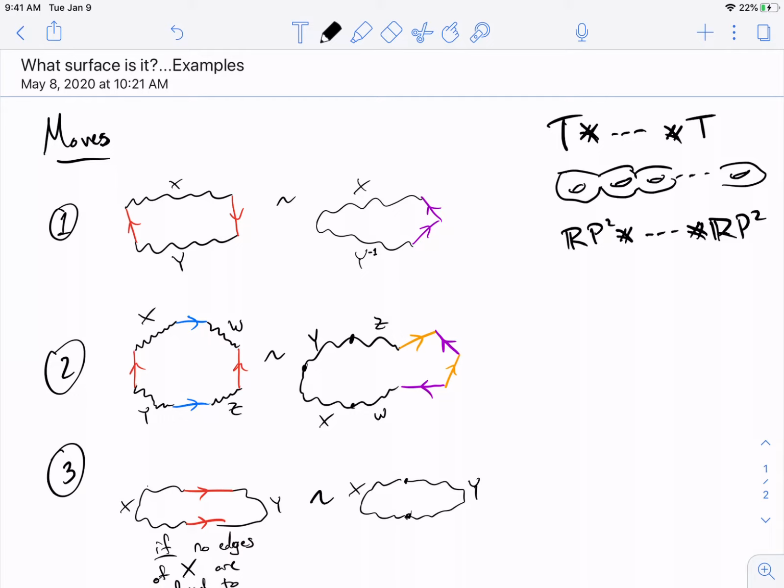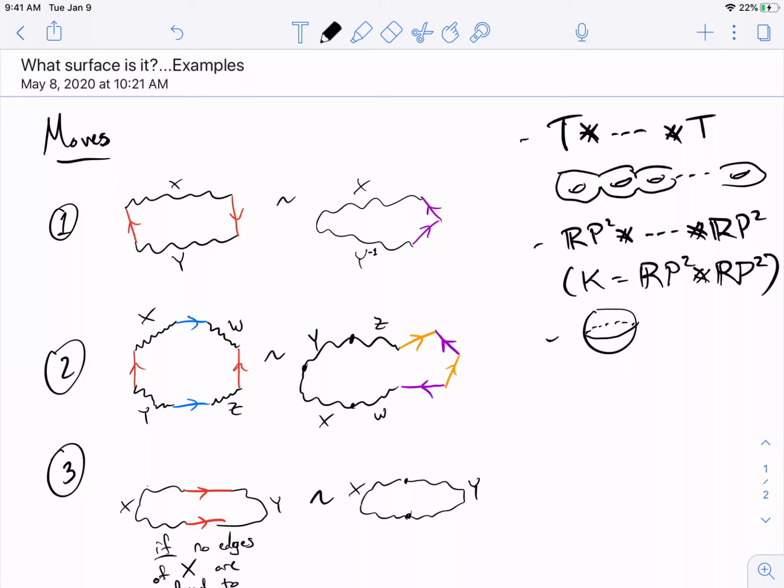But at least in the case where there's just two of these, we get the Klein bottle, which we can visualize. Or then there's one simple case that doesn't fall into these categories, which is just the sphere.